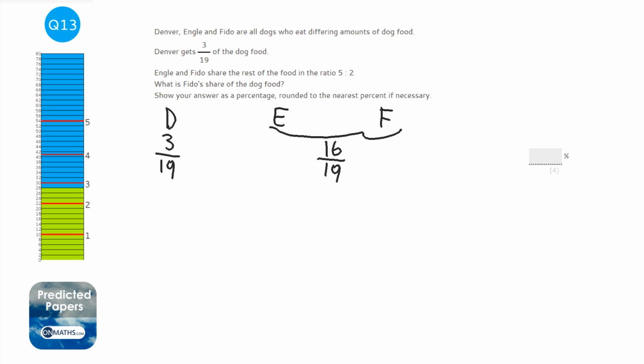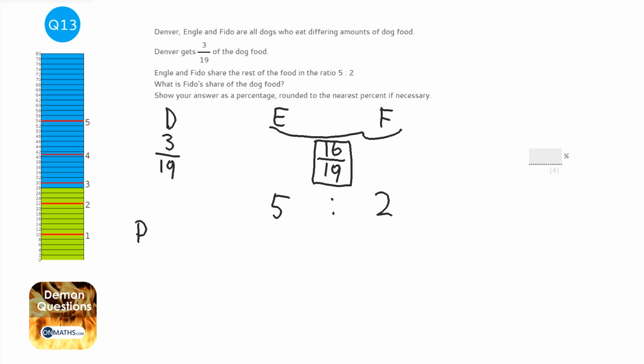So we can kind of ignore Denver now, because we used Denver's amount, or fraction of the food, to work out Engels and Fido's combined. So that's how much food they'll get, but they're sharing it in the ratio of 5:2. So in total, the amount of parts they have is 5 plus 2, which is 7.